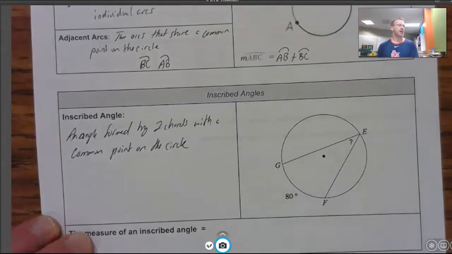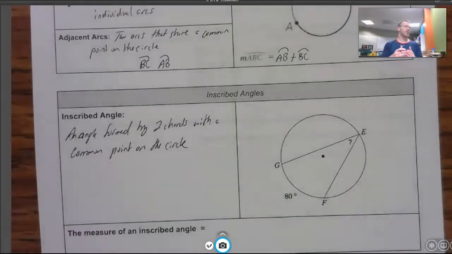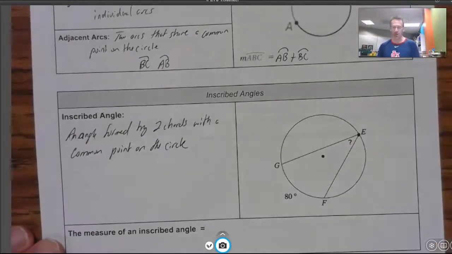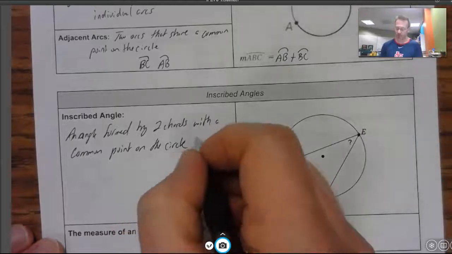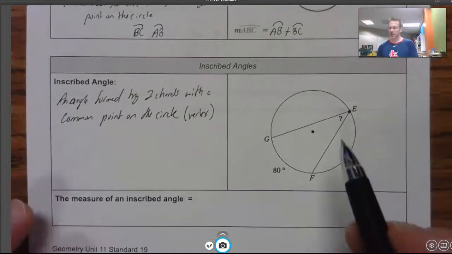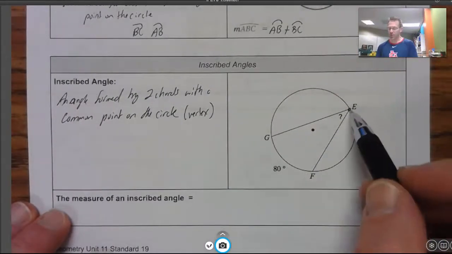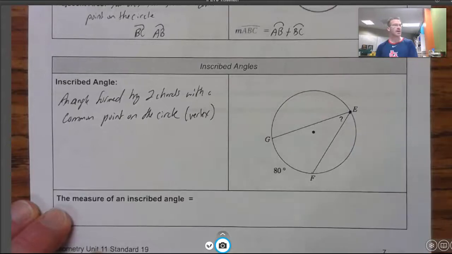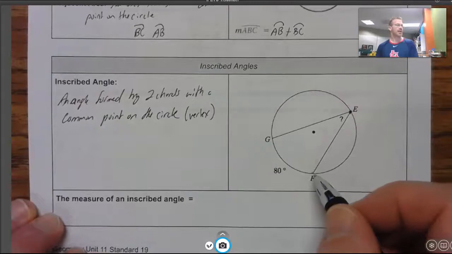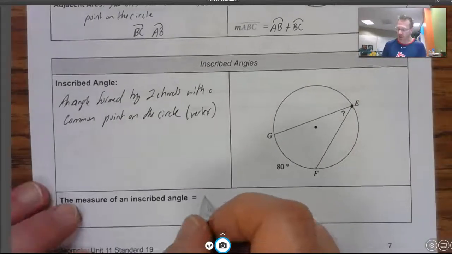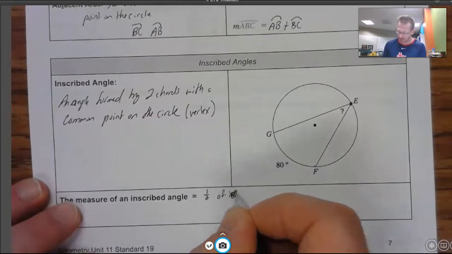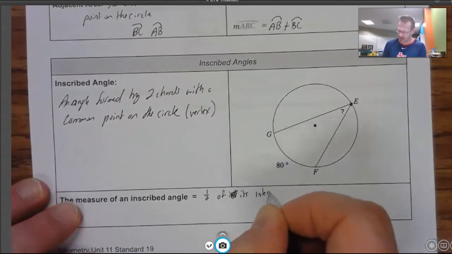Basically, if we form an angle with 2 chords and their vertex is on the circle, that common point on the circle is the vertex, and that's an inscribed angle. Now notice if I extend this angle to where the chords intersect the circle here, I create an arc. And the measure of an inscribed angle is always equal to 1/2 of its intercepted arc.